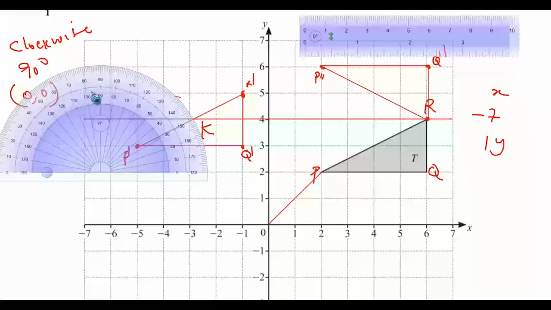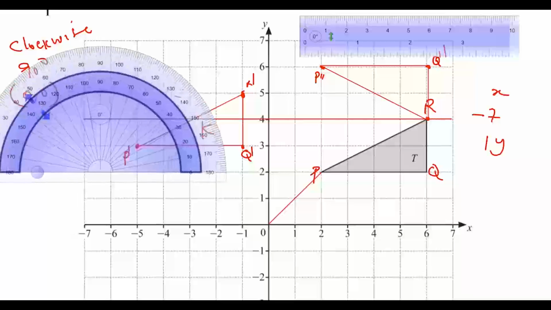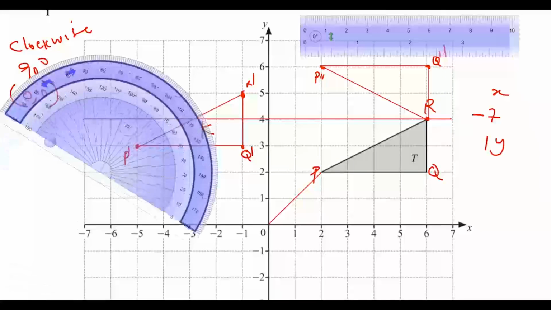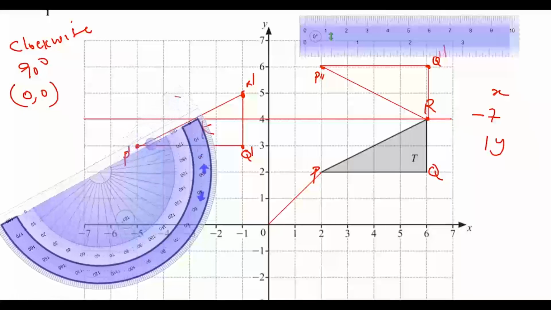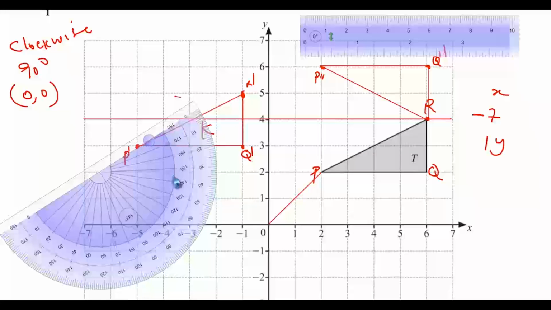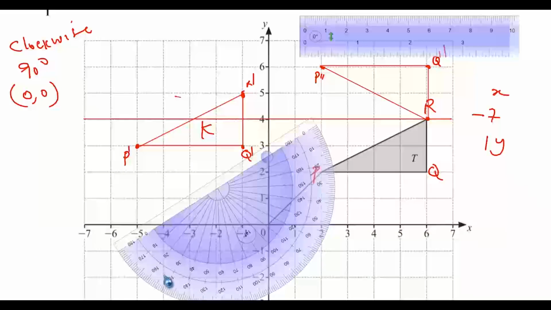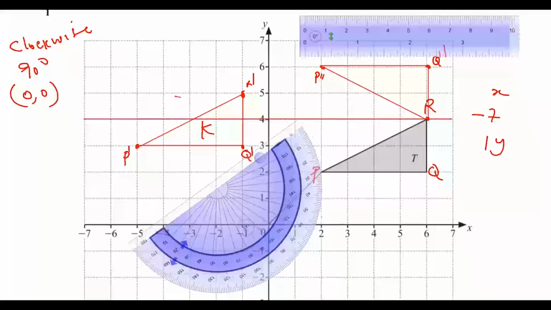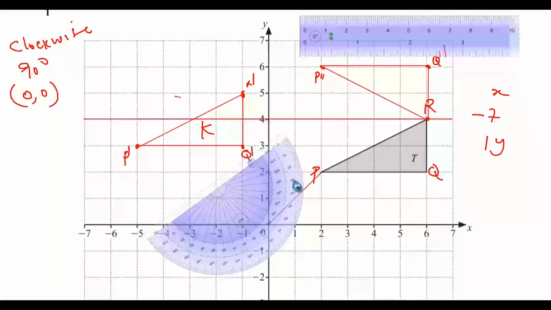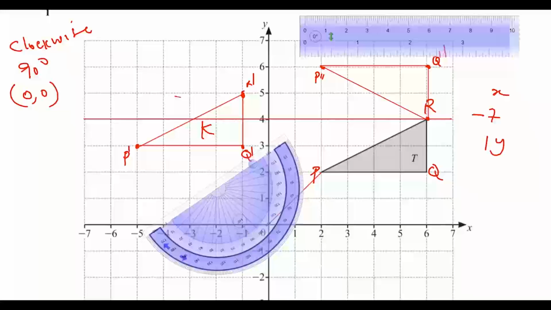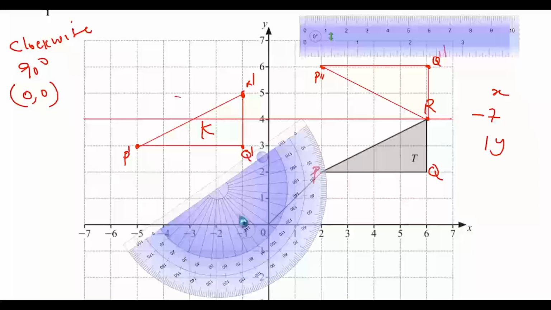So the next thing you need to do is to pick your protractor. Then you rotate it. The center of the protractor should be on the center of rotation. So I can minimize this a little bit. So you put the center of the protractor at the center of the rotation.